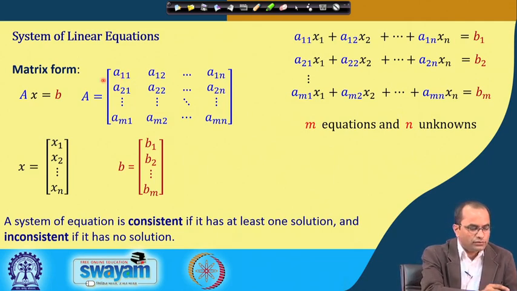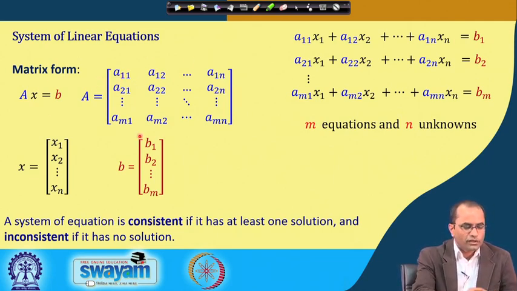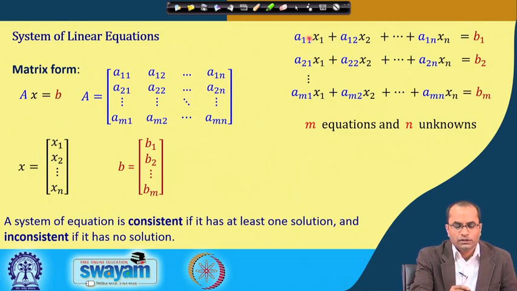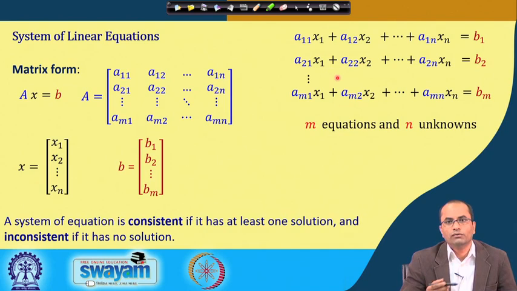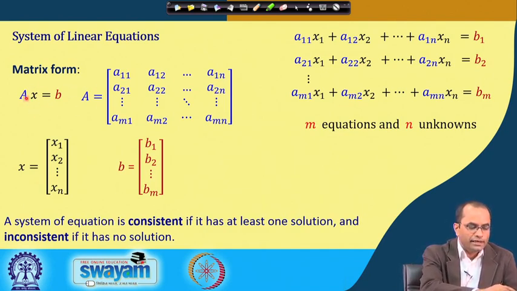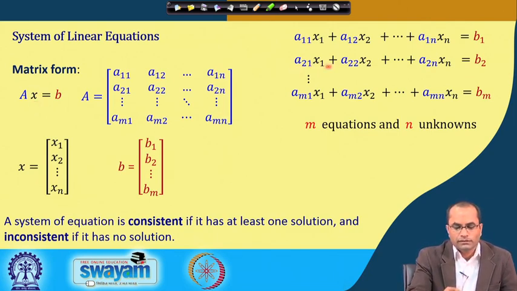Getting back to this matrix form, this is easy to understand. We have this matrix A and this x. If we multiply A and x, we get another vector whose first component will be the left hand side of equation 1. The second component of the vector Ax will be the left hand side of the second equation, and so on.